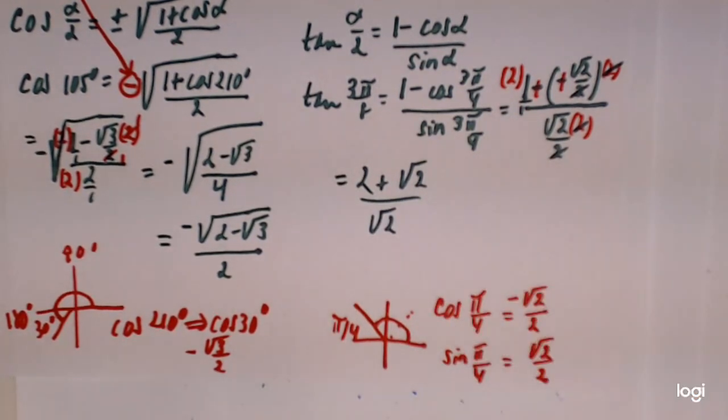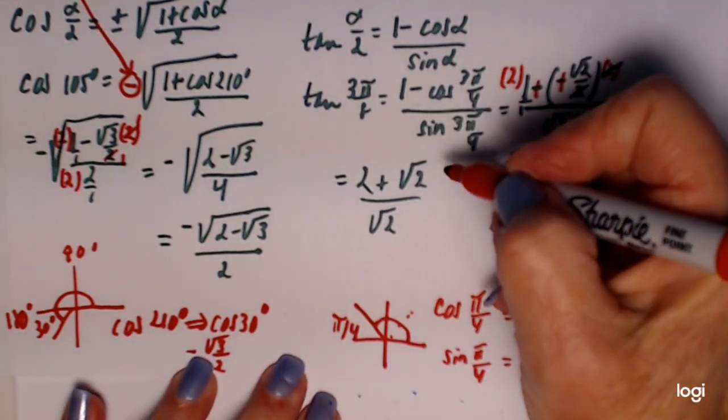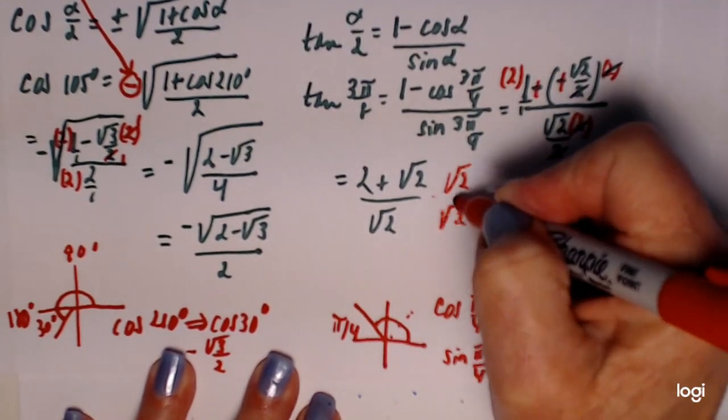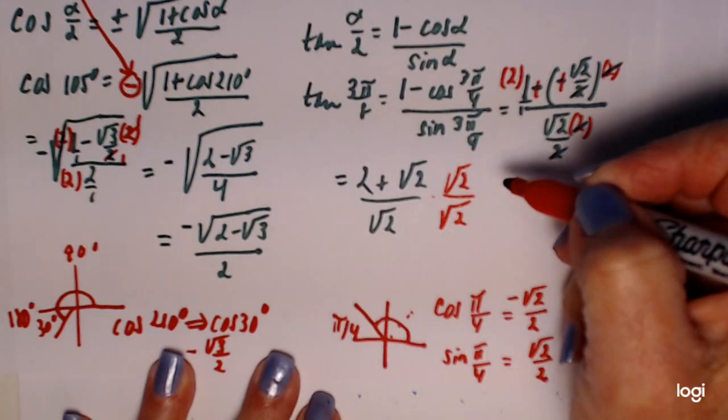So even though I chose the formula I did to try to avoid this situation, I wasn't so lucky because we still have this radical 2 in the denominator that we have to rationalize. So this means we're going to multiply up here by square root 2 and down in the denominator by square root 2.